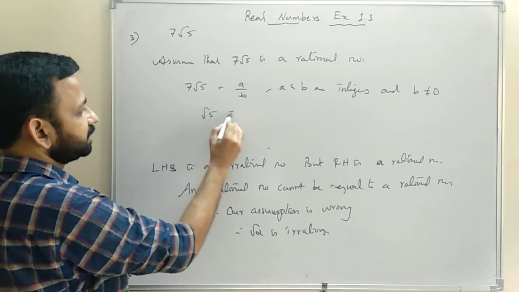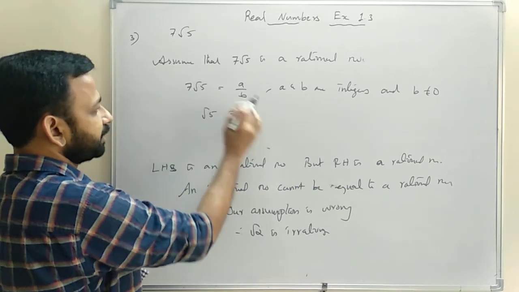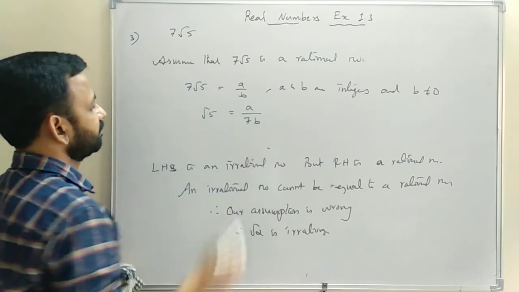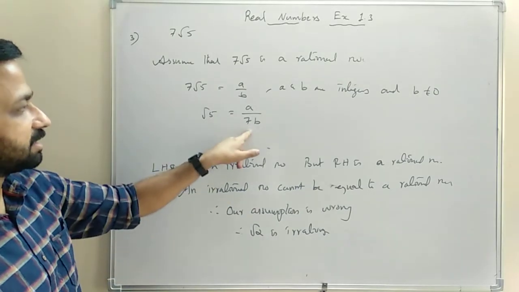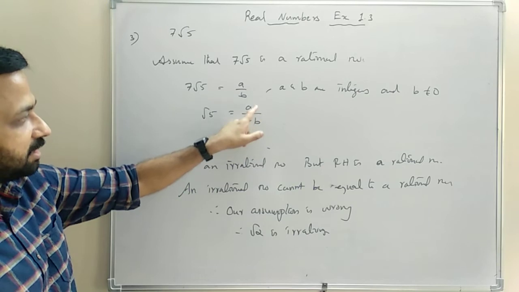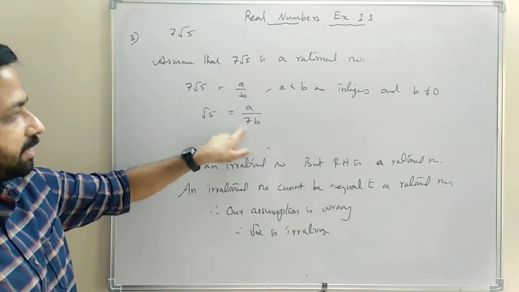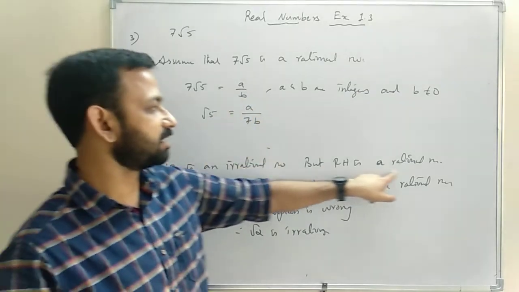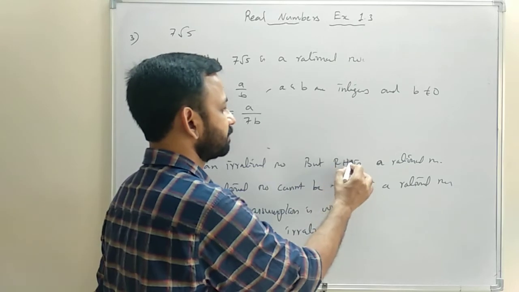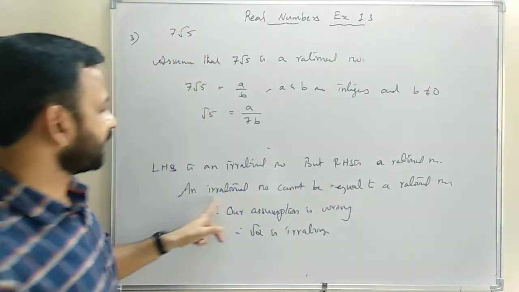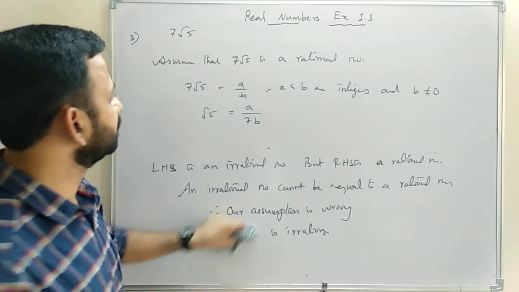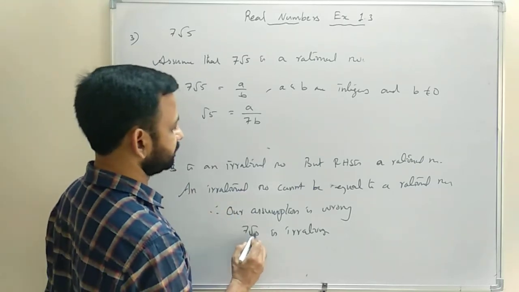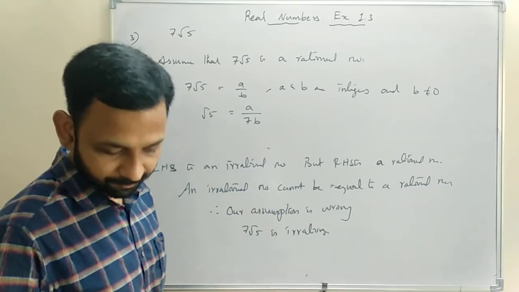So root 5 is equal to a upon 7b, as 7 will go to the denominator. Here LHS is an irrational number, but on the RHS, 7 into b is an integer, so integer upon integer, p by q form, is a rational number. An irrational number cannot be equal to a rational number. Our assumption is wrong. Therefore, 7 root 5 is an irrational number.